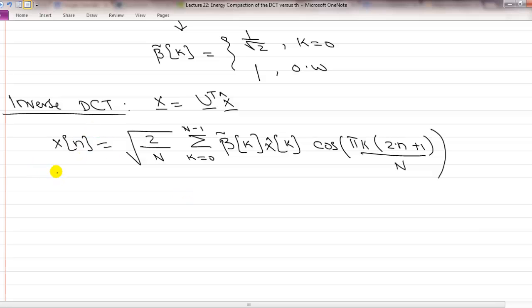So what we now want to do is an example where we demonstrate that the DCT indeed is better than the discrete Fourier transform in terms of compaction.